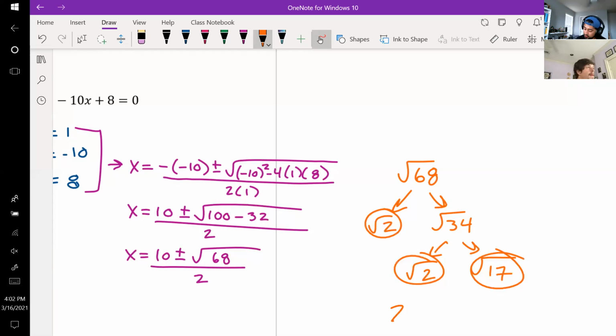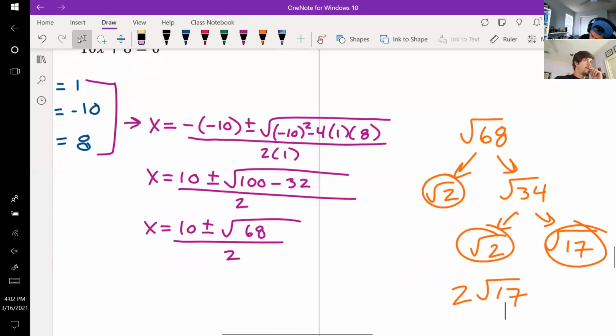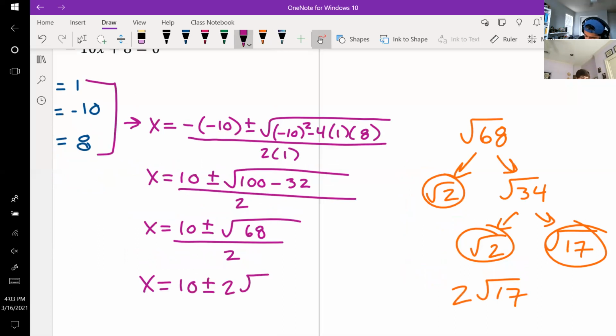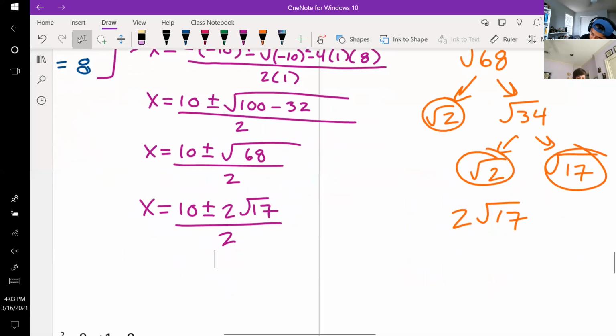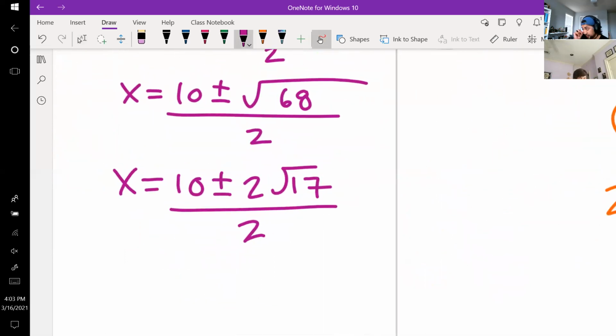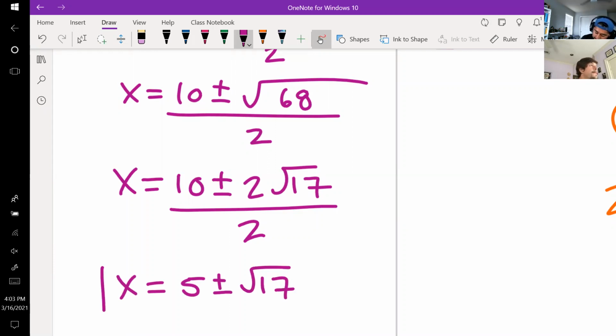So this would become 2 square root 17. So you'd get x equals 10 plus or minus 2 square root 17 over 2. And then just reduce everything by 2, except for the square root, of course. And our final answer would be 5 plus or minus the square root of 17.